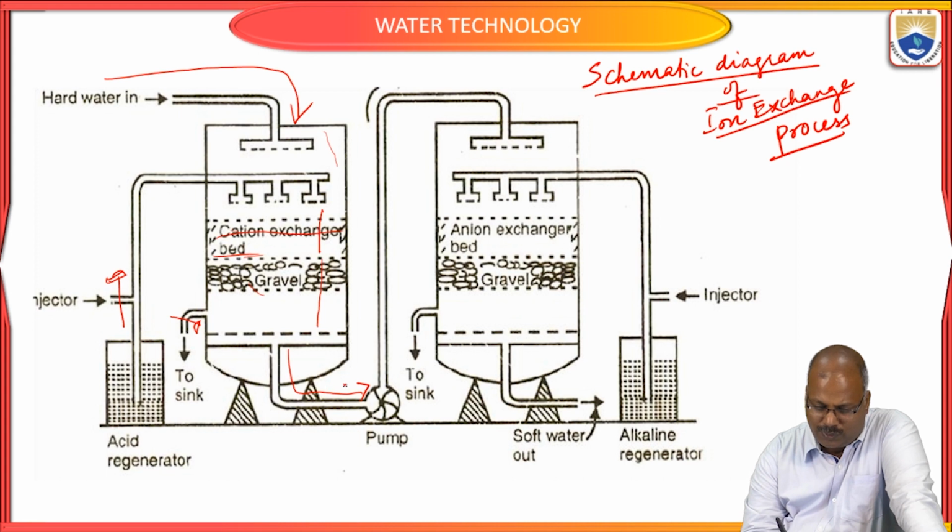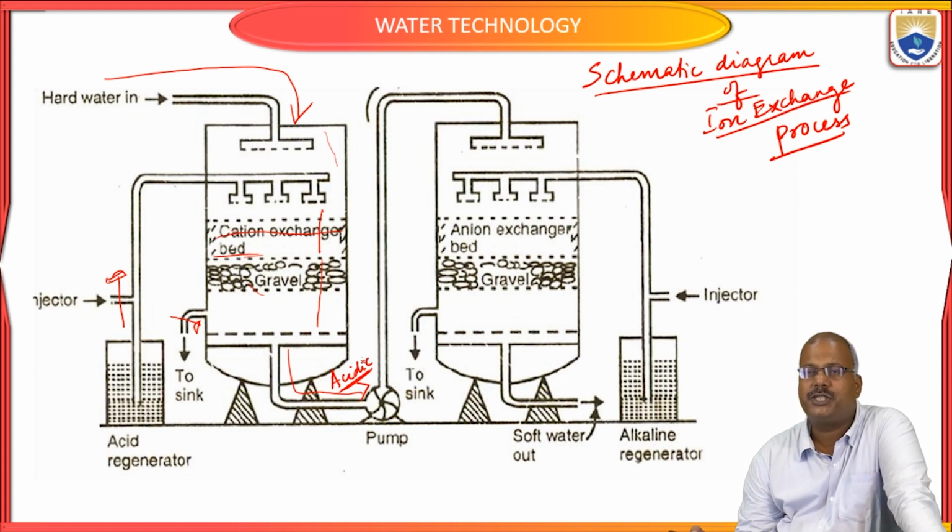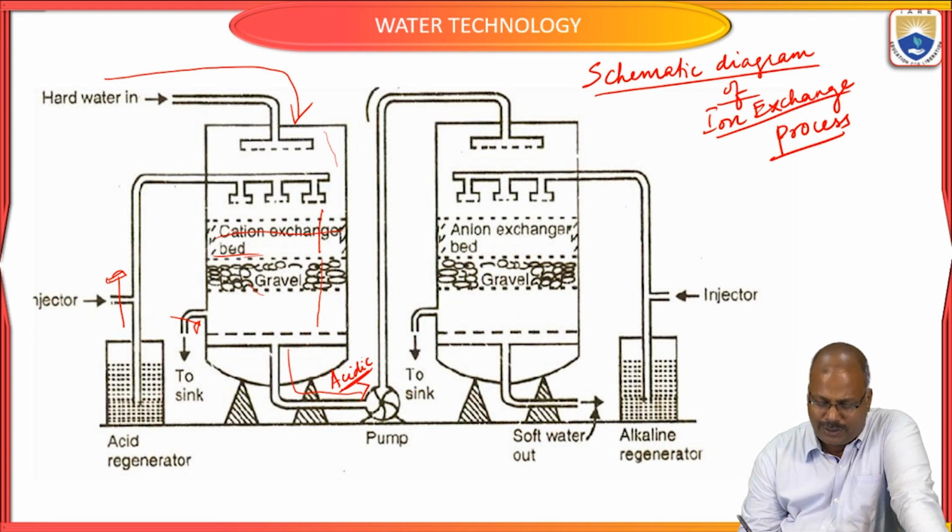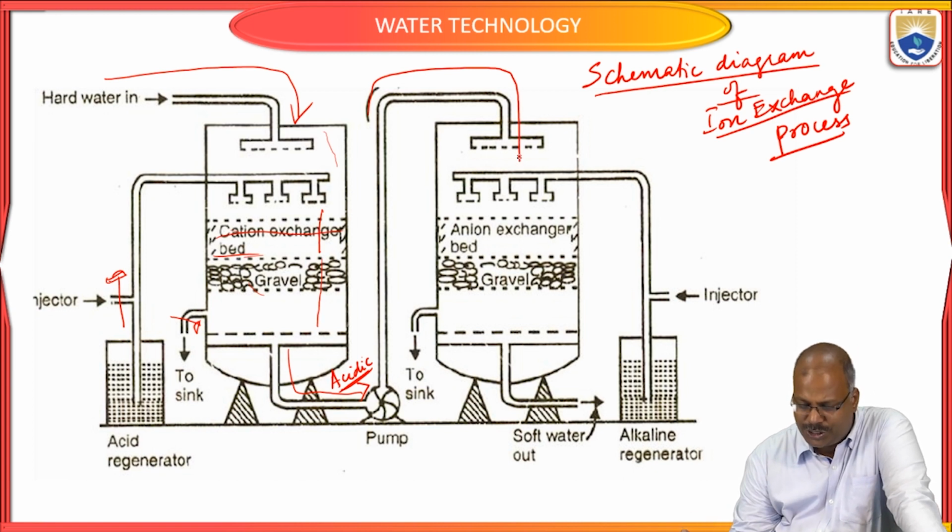So the water that comes out from this cation exchanger is acidic due to the acceptance of H plus from the cation exchange bed. Now it again passes through the anion exchanger bed.